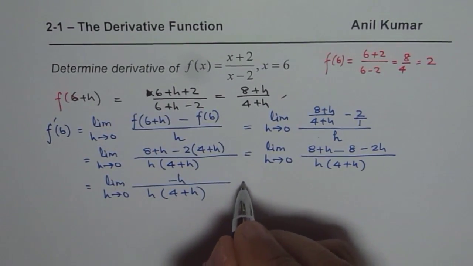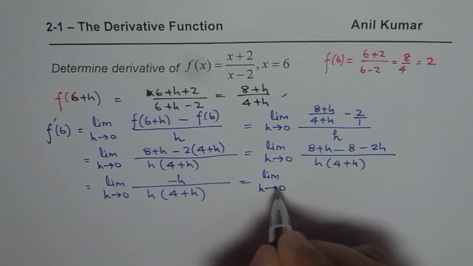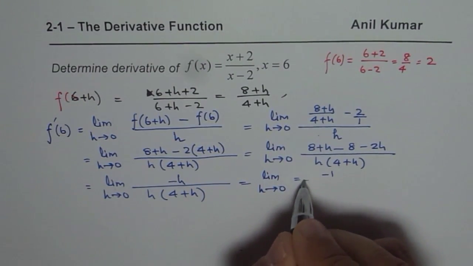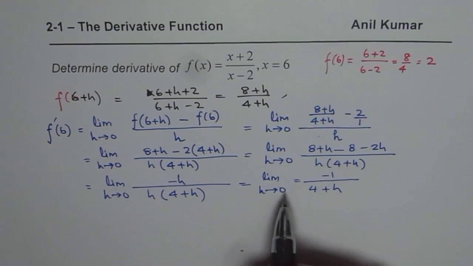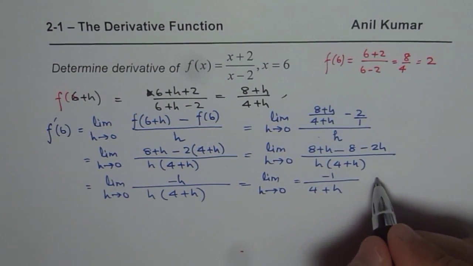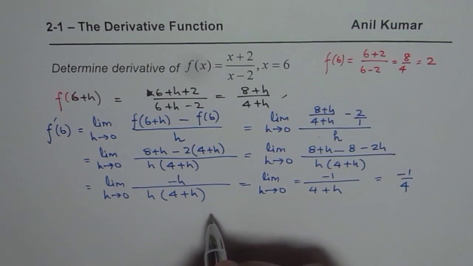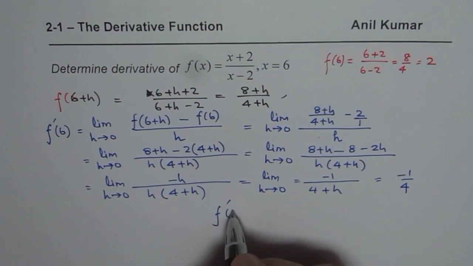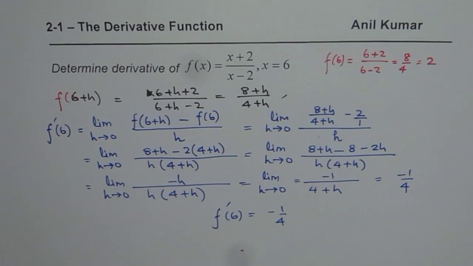At this stage you can cancel h and you get the limit as h approaches 0 of minus 1 over 4 plus h. Now you can substitute h equals 0 and you get your answer as minus 1 over 4. Therefore f dash at 6 is equal to minus 1 over 4. These are the steps involved.